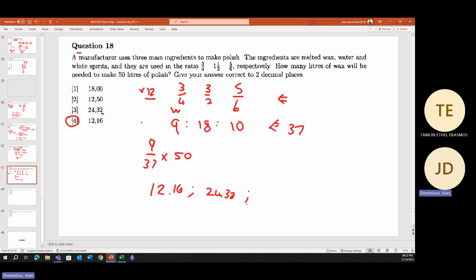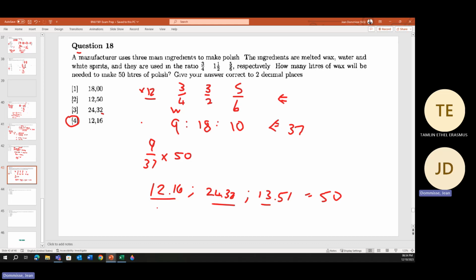And then your 10 divided by 37 times 50 gives us 13.51. Not there. That's fine. So let's just add them all together. 13.51 plus 24.32 plus 12.16 gives us 50 again. So if we add all of them together, we also get 50.